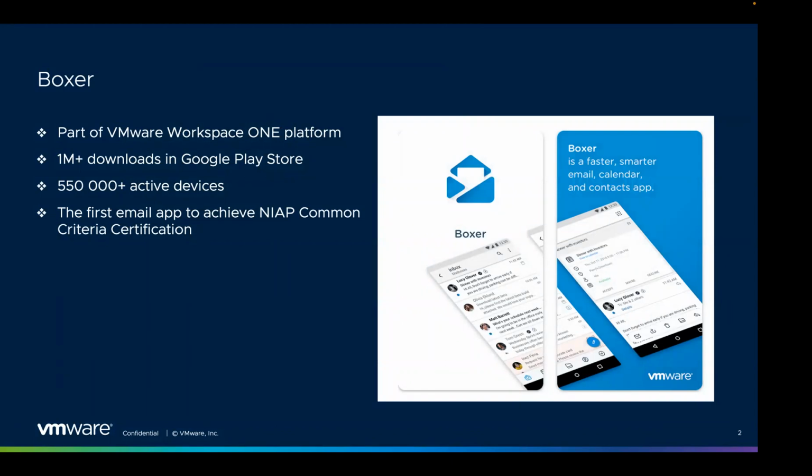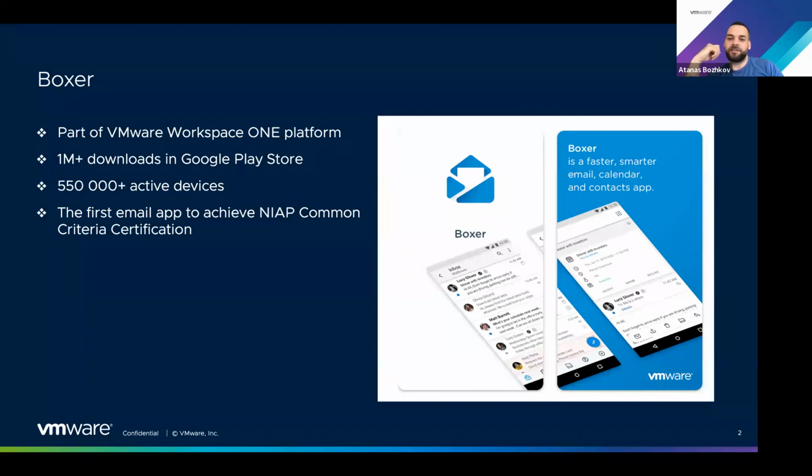Maybe most of you, when you hear about VMware, relate it mainly to cloud and virtualization, but VMware also has a lot of other products, and VMware is heavily investing in mobile apps. One of these apps is Boxer, which is an email app that also has calendar, file manager, and contacts functionality.